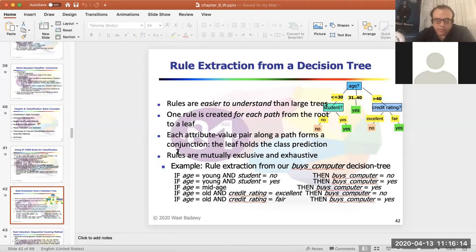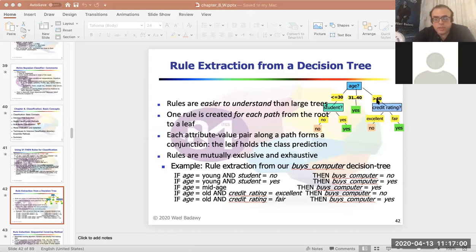The rule extraction from this particular tree says: if age is young, which is less than 30, and student is no, then buys computer is no. If I look here, age is young, and student is no, so the answer is no. The next rule: if young and student is yes, he will buy a computer. If middle age, he will buy a computer, because there is no condition. So anybody between 31 and 40 will buy a computer.